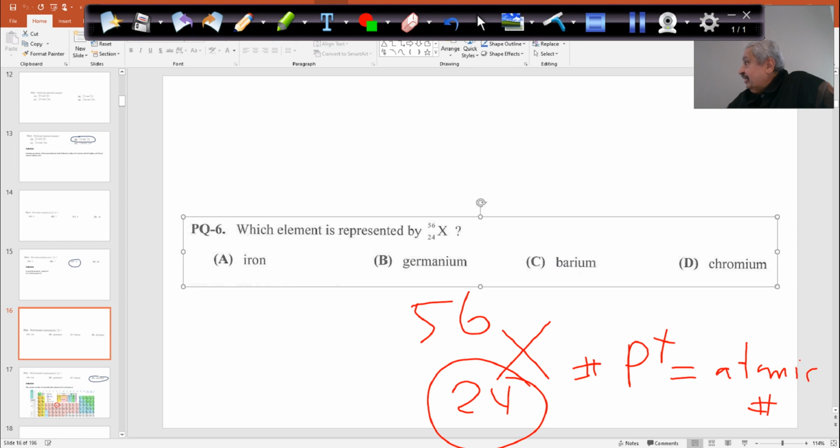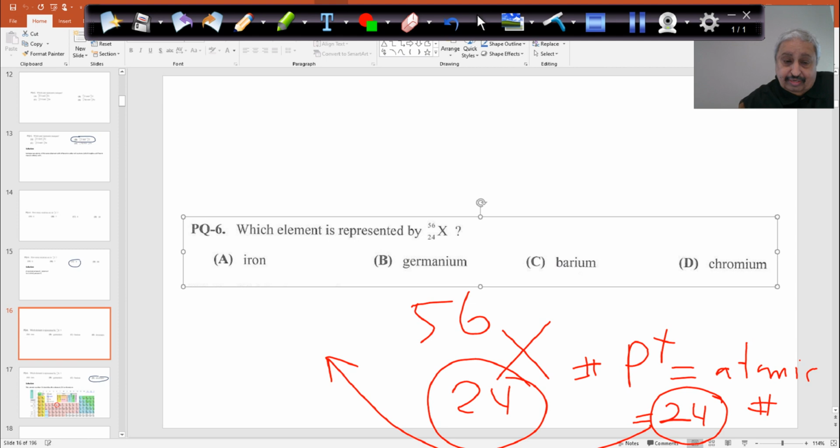The atomic number is 24. So 24 should be magnesium. Do we have magnesium here? Germanium. 24 atomic number?